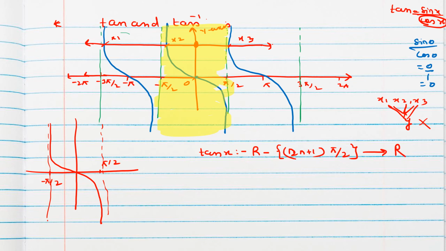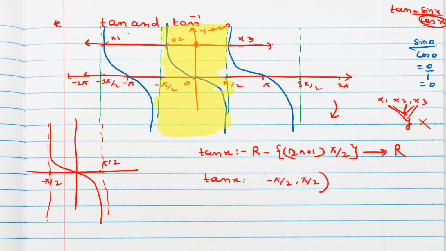Okay, that was the domain and range for this graph, but now we restricted this. So when we restricted, we are considering only this much part from minus pi by 2 to pi by 2.